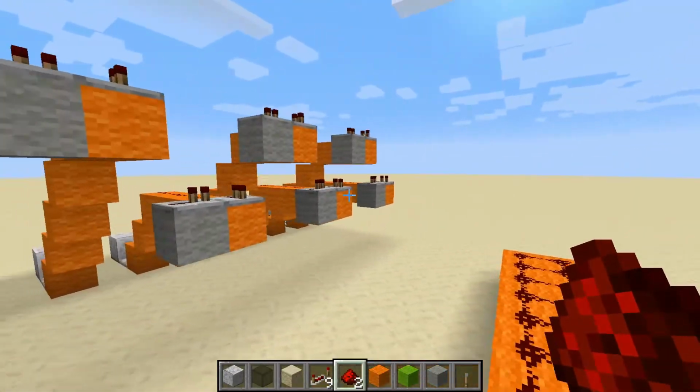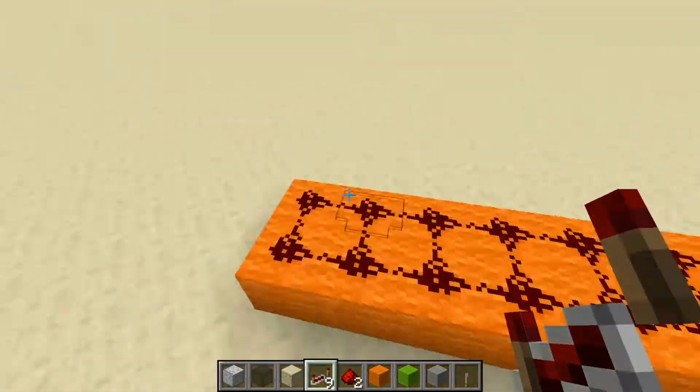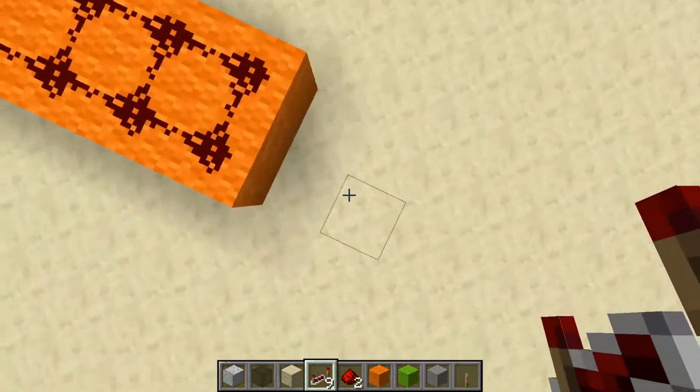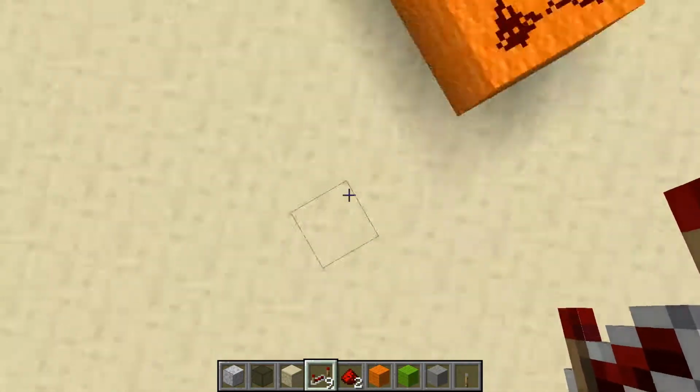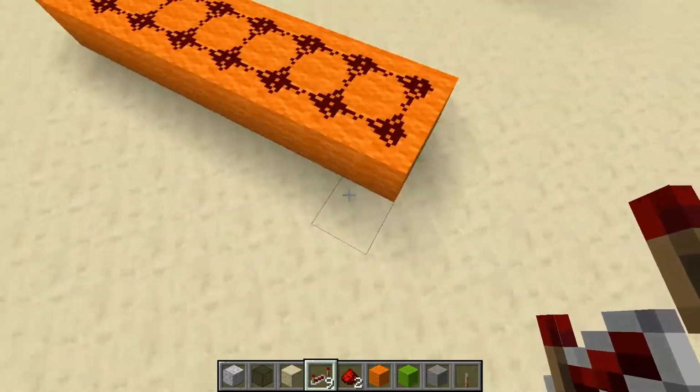and use the signal range of redstone to physically only connect this with this, because it only can power this, because this would be 16 blocks, this is 15 blocks.